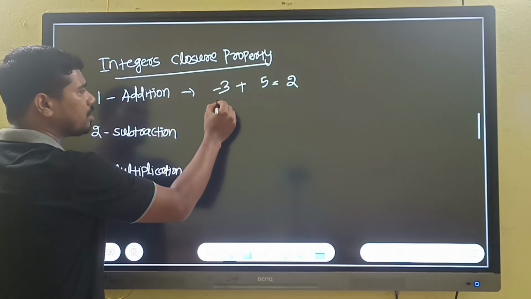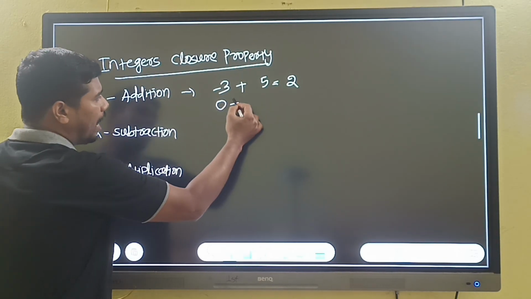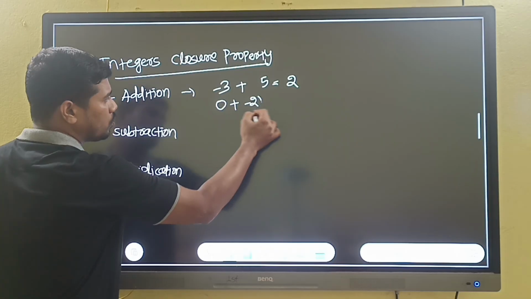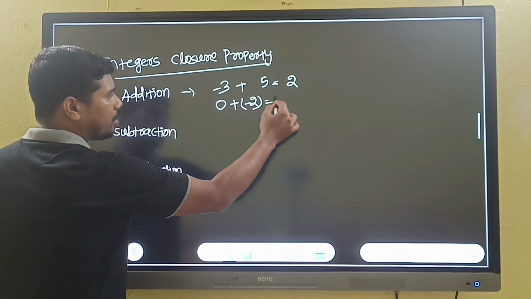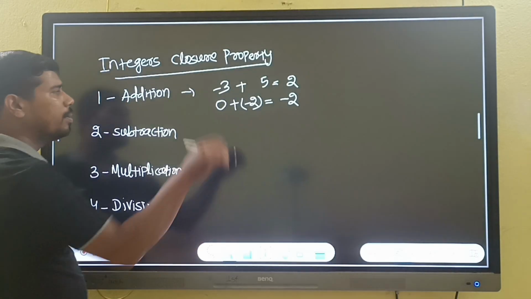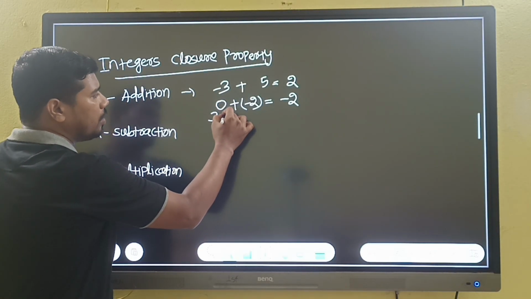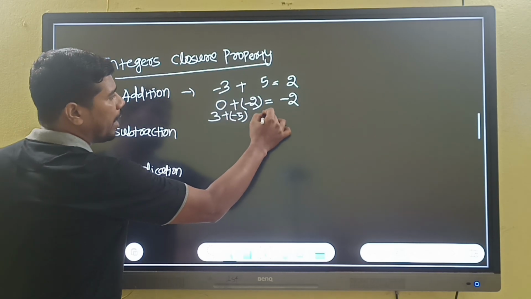Similarly, take another example: 0 is also an integer. If you add -2, which is a negative integer, the result is 0 plus -2 equals -2. Similarly, take 3. If we add -5, the result is -2.